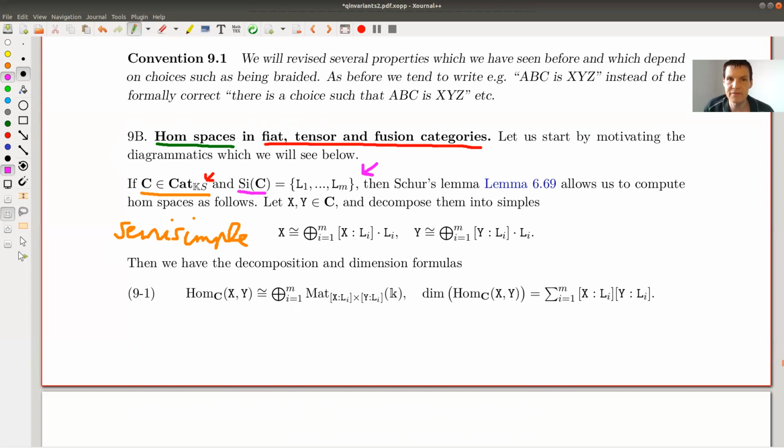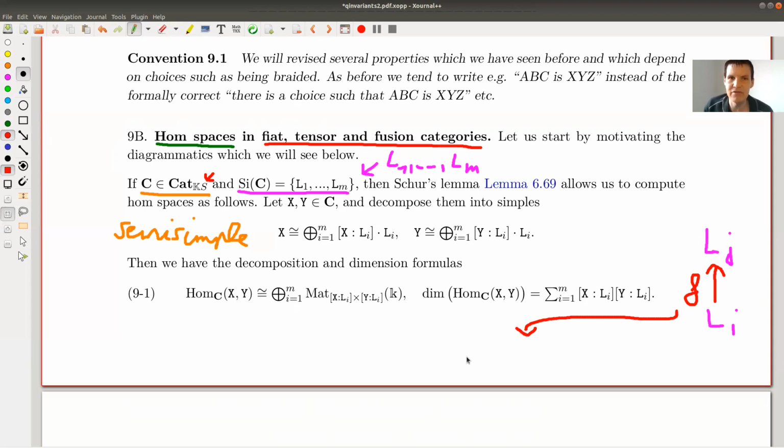So here I have my set of simple modules, L1 up to Lm, some finite set of simples. And Schur's lemma basically says the following: if I have a simple Li and a simple Lj, and I want to know about a map between them, say F, then there are basically two cases.